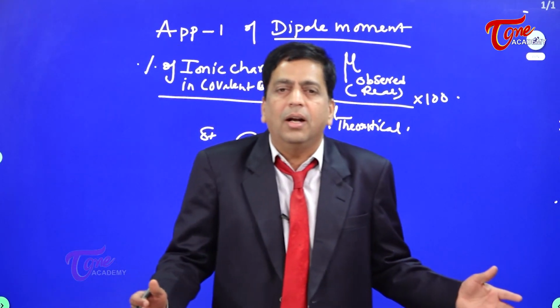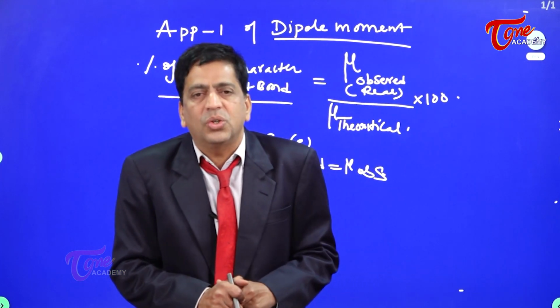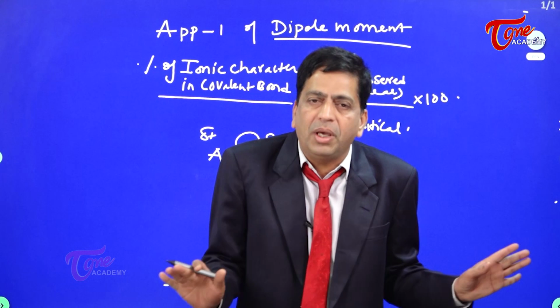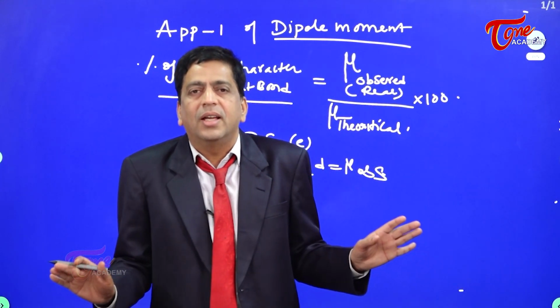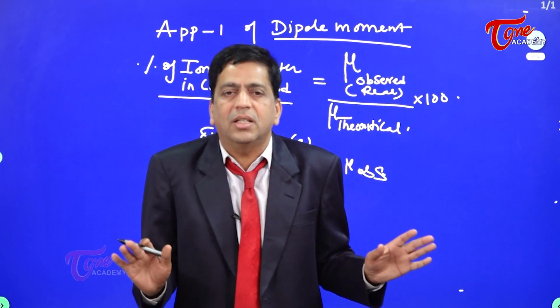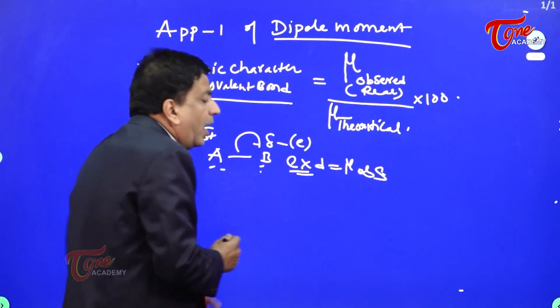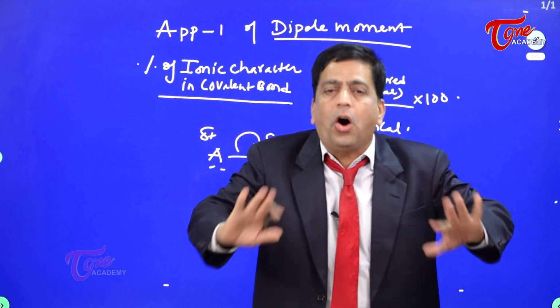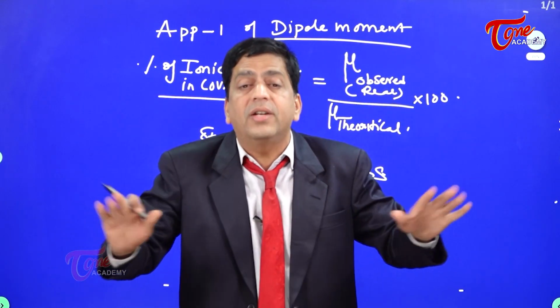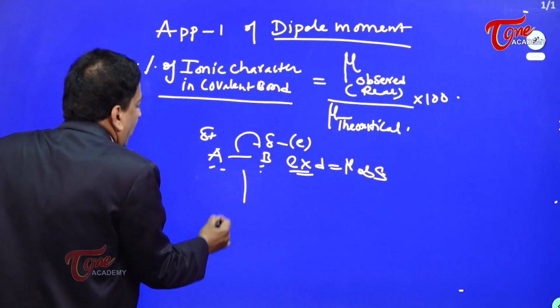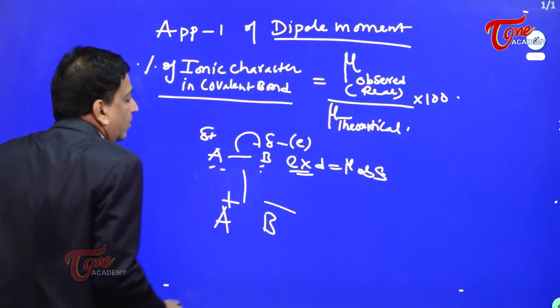Now what is mu theoretical? Mu theoretical is asking us to just assume, it is an assumption, it can never be, it's theory. He is asking us to just assume that this bond is ionic. If it is ionic, then this will give you full charges.